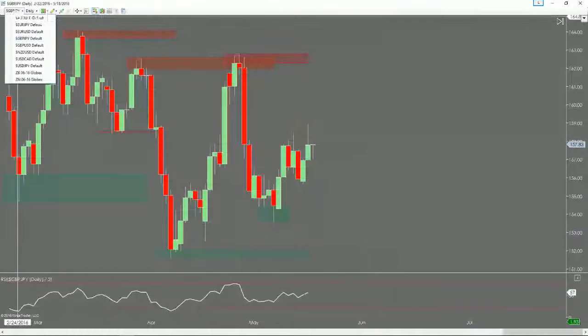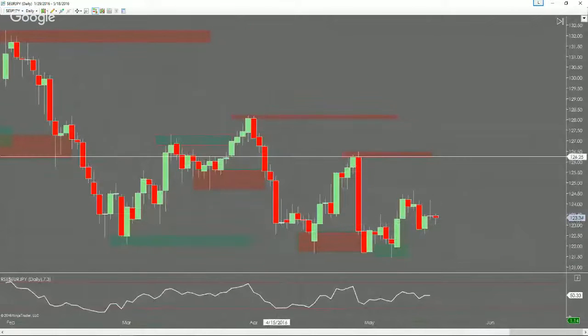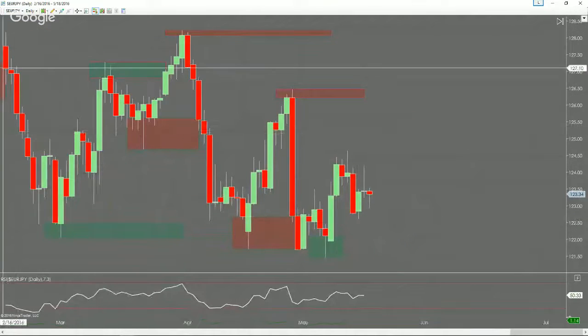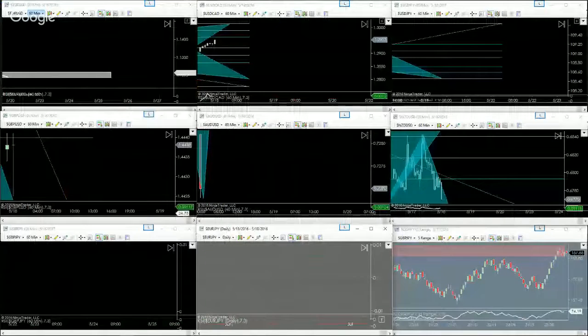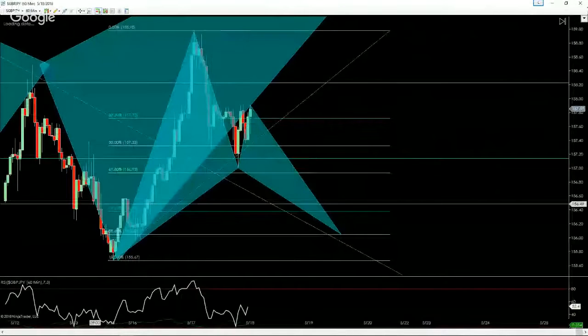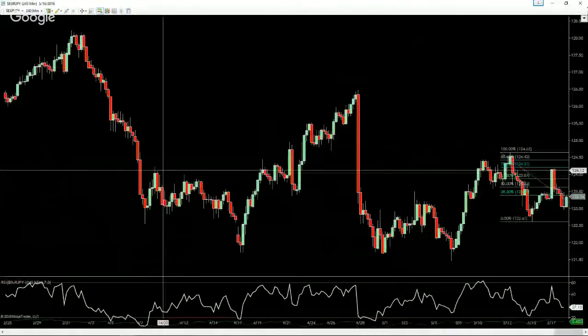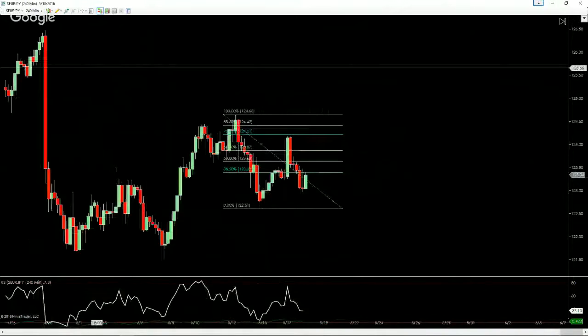And last but not least is Euro Yen. Euro Yen, as you can see, about the same on our daily chart, playing around these two levels of structure. Let's do Euro Yen 240. Looks like it got something there.